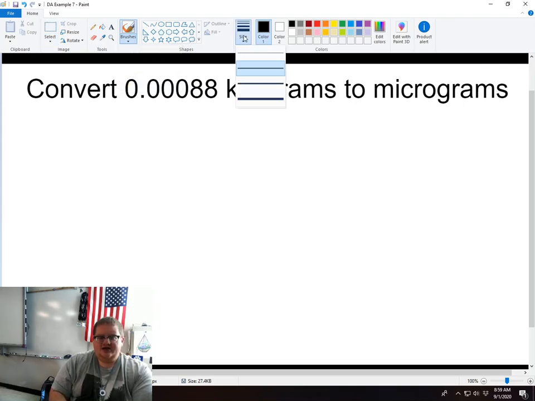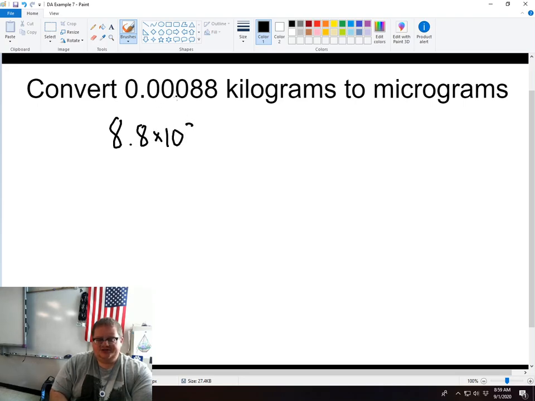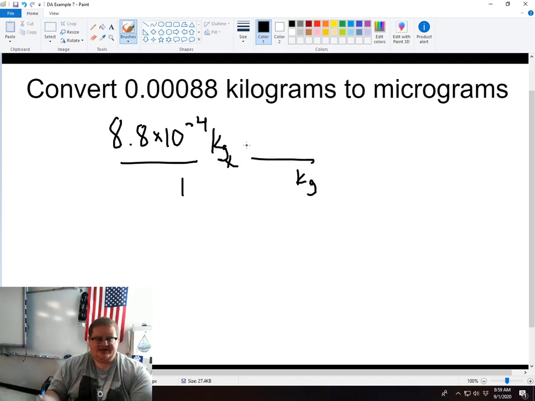So once again, I'm going to put this in scientific notation. It's 8.8 times 10 to the negative 4 kilograms. I want to get rid of, see, I automatically just start writing it, right? I just automatically put kilogram in the bottom because I know that I want to cancel it.